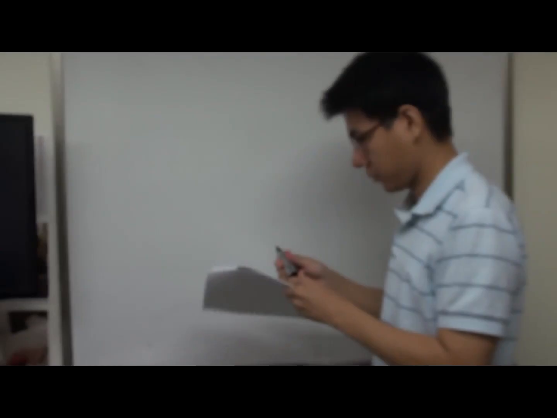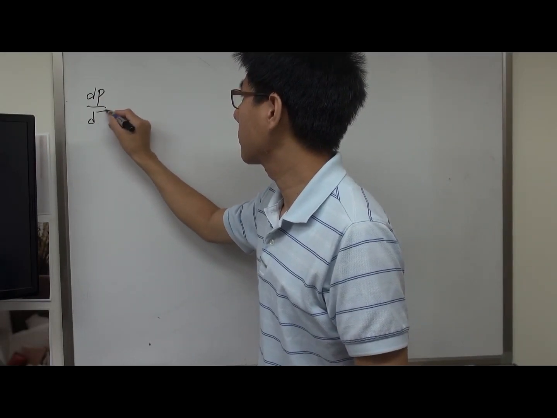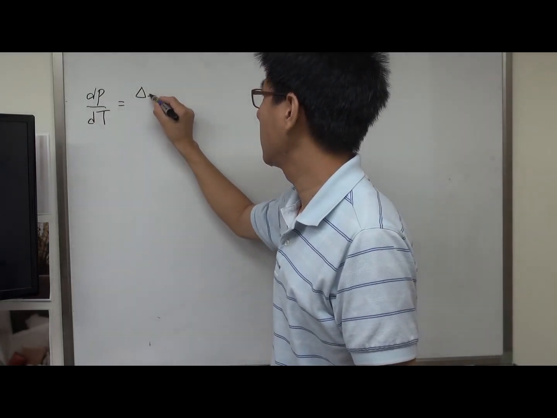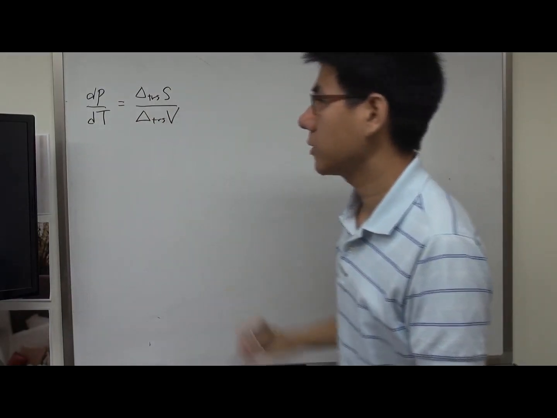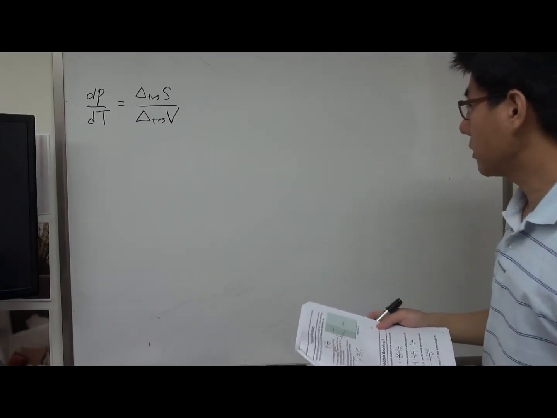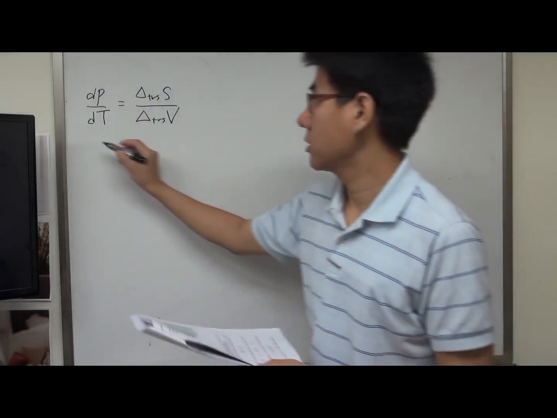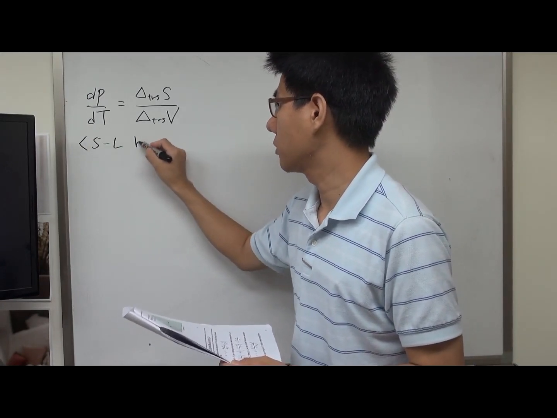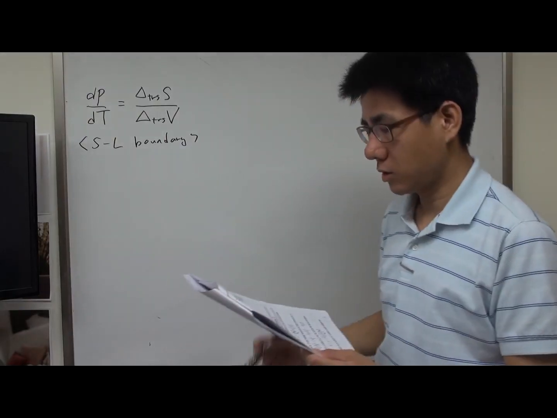So you start from Clapeyron equation. dP/dT is equal to delta transition S over delta transition V. Okay. You start from here. Let's draw each phase boundary. First, let's draw solid-liquid boundary.